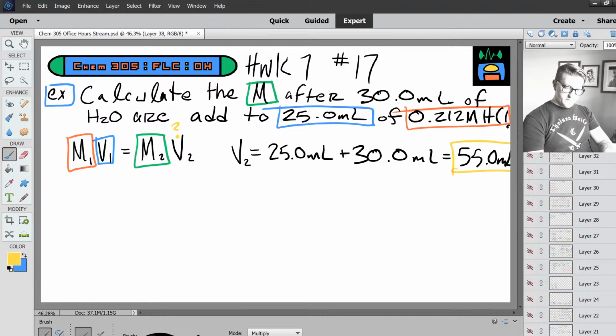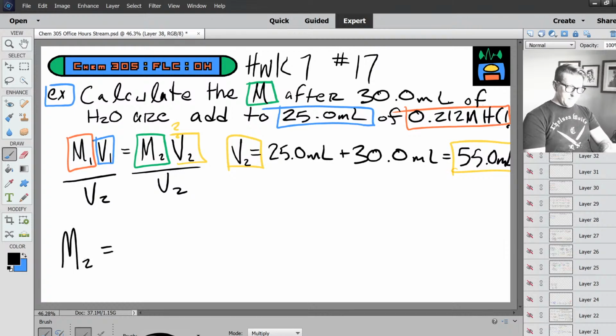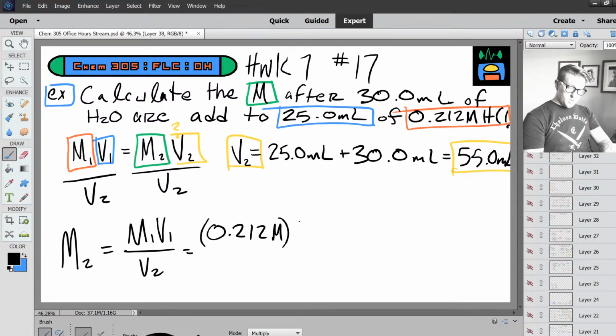And now we have V2, and we can solve for M2 once we isolate it. So M2, our final molarity, is equal to M1 V1 over V2. Molarity is 0.212, our initial molarity. Our initial volume is 25.0, and our final volume is 55.0.